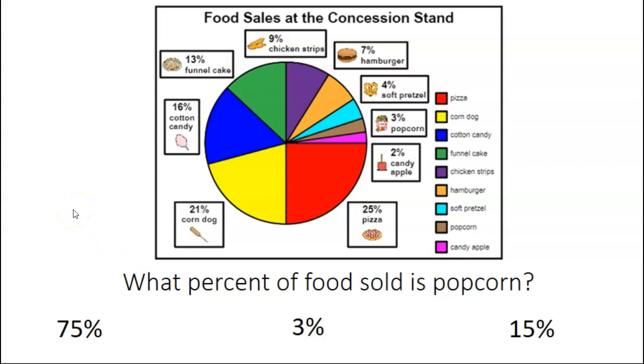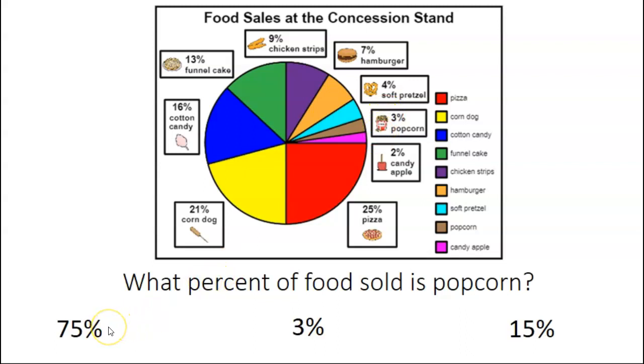Next question, what percent of food sold is popcorn? So I want you to find popcorn on the pie chart and touch it. What percent of food sold was popcorn? Popcorn is right here.